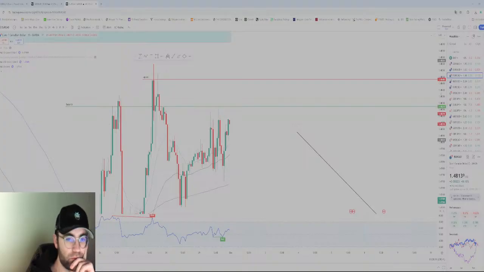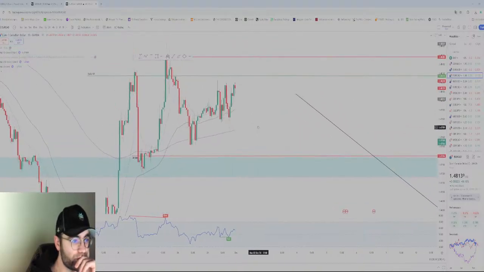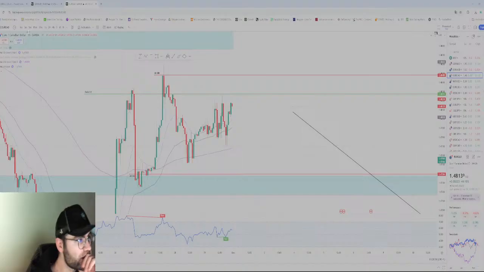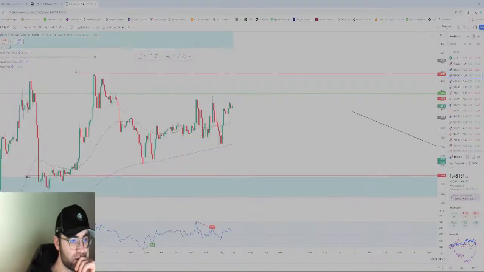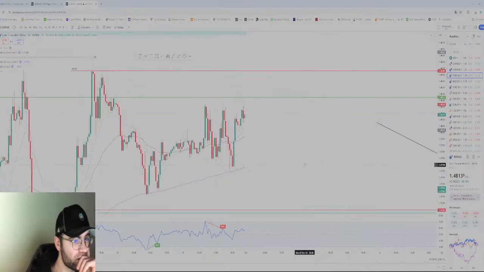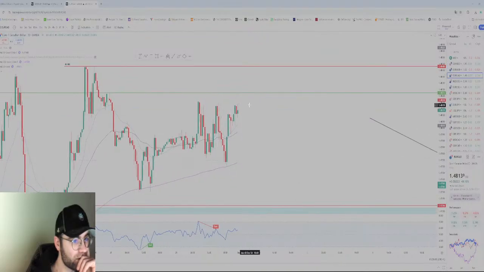But let's see how it goes. It could go down already from here, but you could consider this a triple top, if it's fairly close to each other.